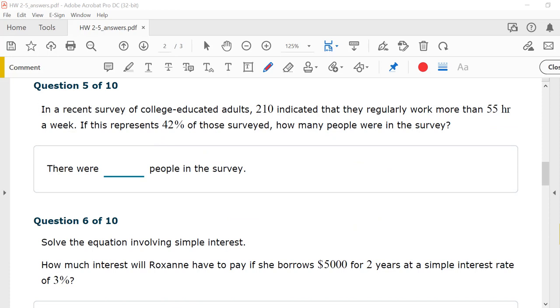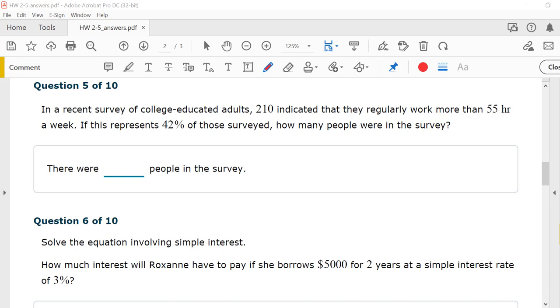Number 5 says, in a recent survey of college-educated adults, 210 indicated that they regularly work more than 55 hours per week. If this represents 42% of those surveyed, how many people were in the survey?